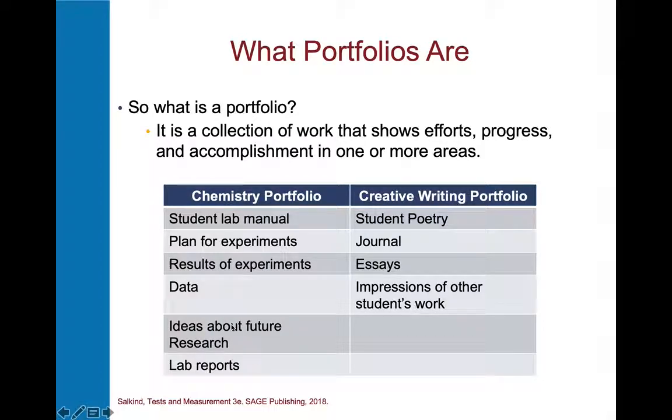Basically, what you're doing is you're trying to paint a picture of what are the various dimensions of this course, of this content area that were explored, that were practiced, that were learned during the course of a particular class. So it's like a very structured, intentionally arranged collage of materials that represent not just the learning outcomes, but the process of learning for this individual person.